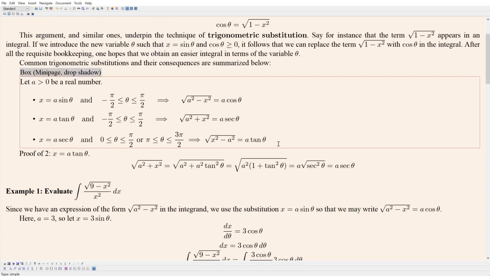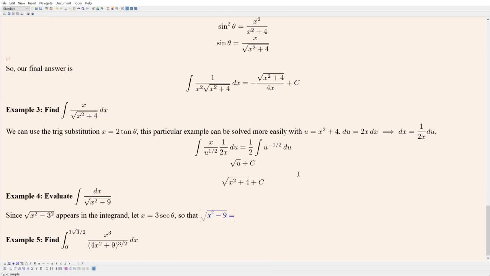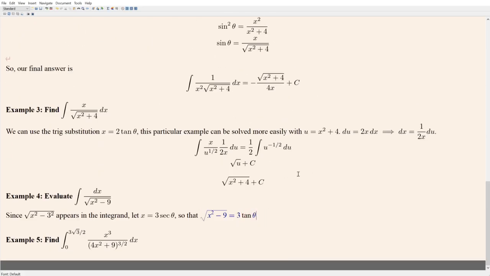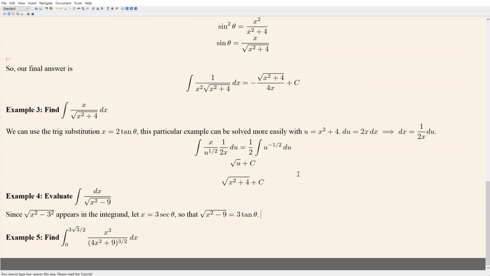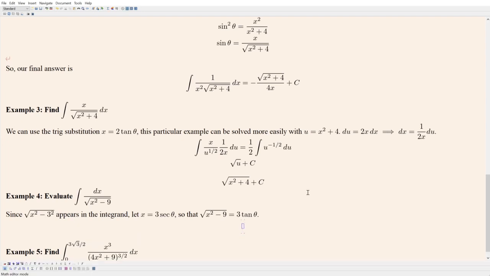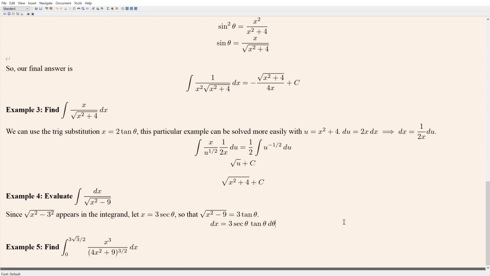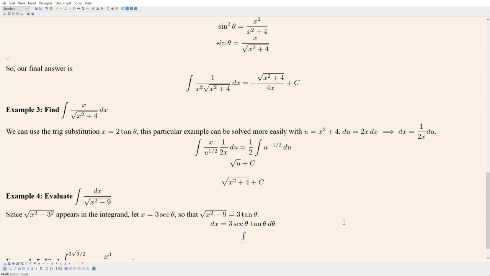It becomes 3 tangent theta. Okay, so let's take the derivative to get our d terms. Mustn't forget that. So the derivative of secant is secant tangent. Like so. And now let's start plugging everything in.